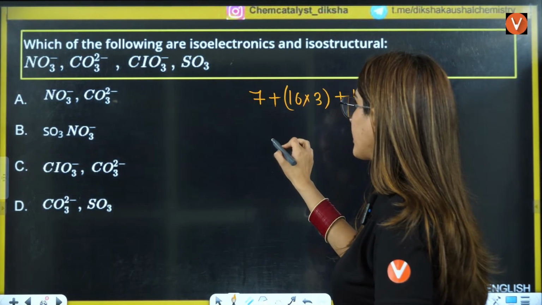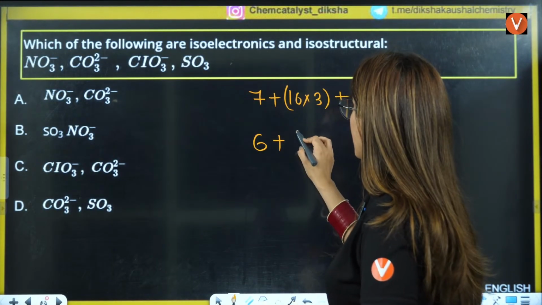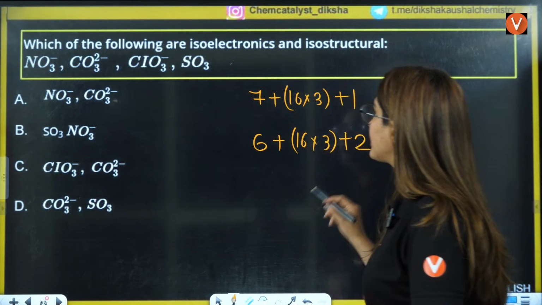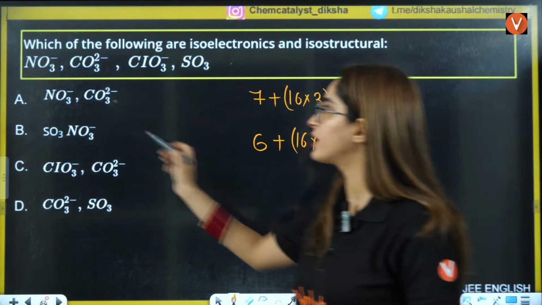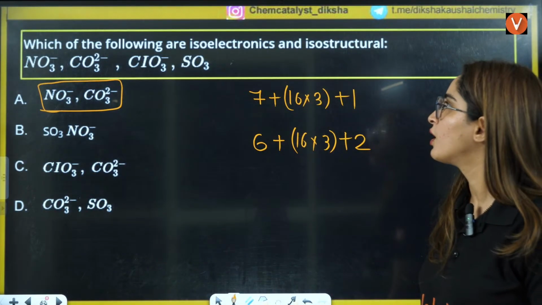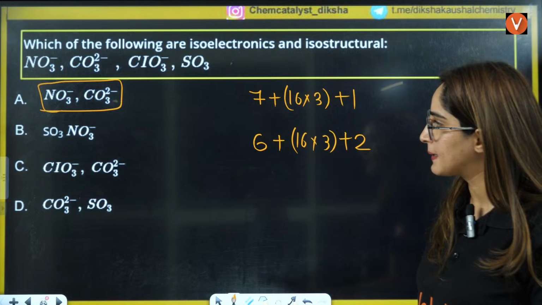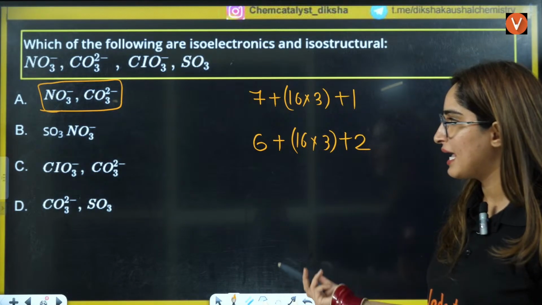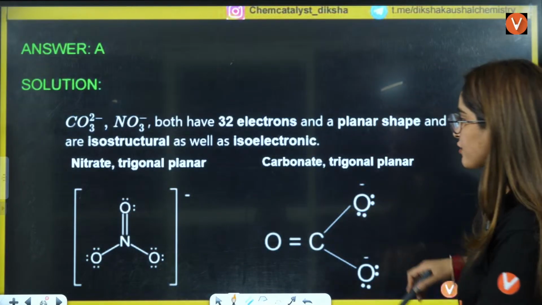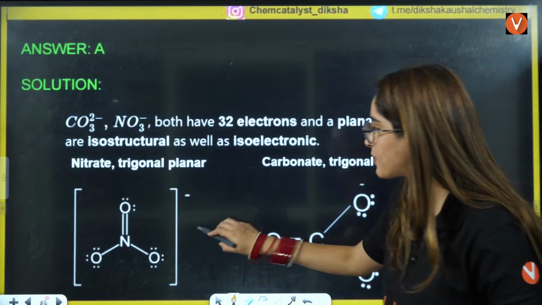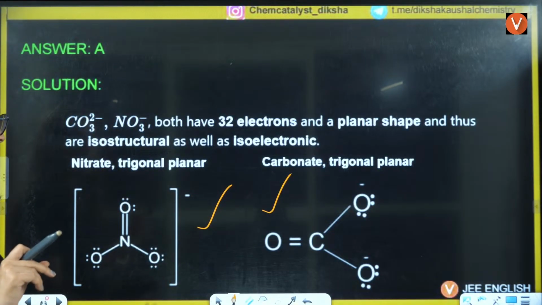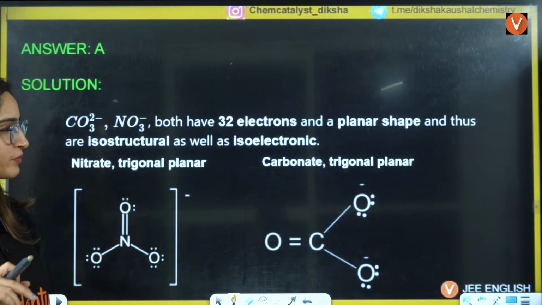Carbon is again 16 into 3 plus 2. So we can easily see they both are isoelectronic. Let us see if they are isostructural. They are isostructural also. That means A will be the correct answer, guys. They are both isostructural as well as isoelectronic. Both have trigonal planar structure. So A is going to be the correct answer here. Right? Okay.